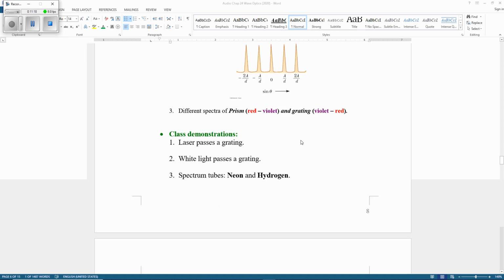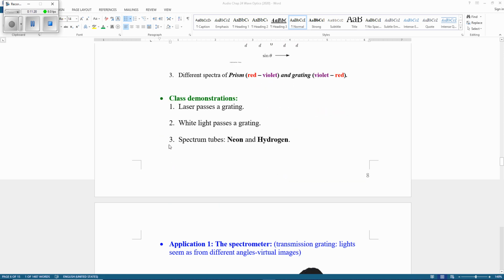Now, later, in chapters 27 and 28, we're going to study atomic physics. We're going to measure the spectral lines of hydrogen, helium, neon. Different atoms give you different color frequencies, and different colors tell you different energy levels inside the atom.